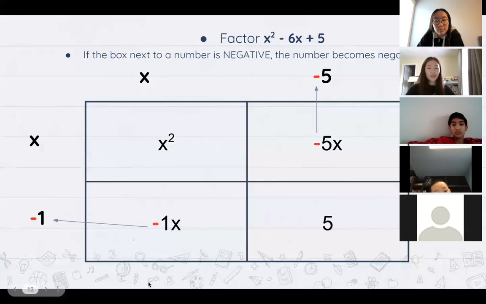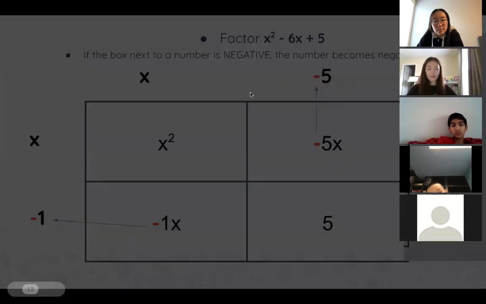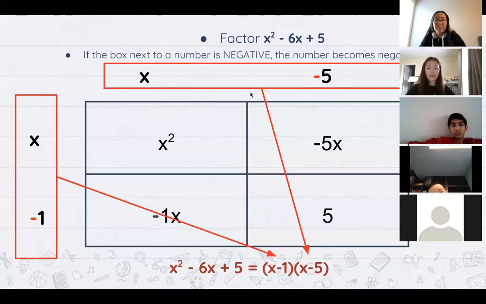So since it's negative 5x, you put a negative in front of the 5. The 1 was next to negative 1x, so you put a negative 1. And then these are your x minus m, x minus n. So it would be y equals x minus 5 times y equals x minus 1.